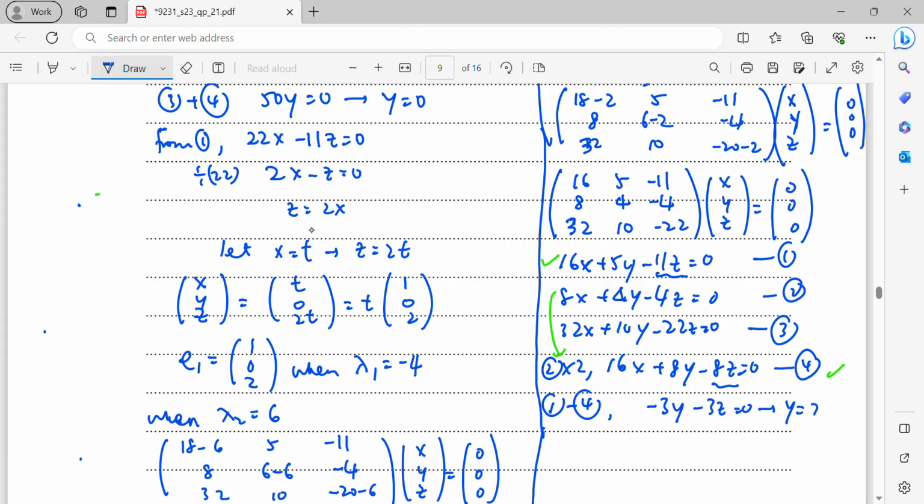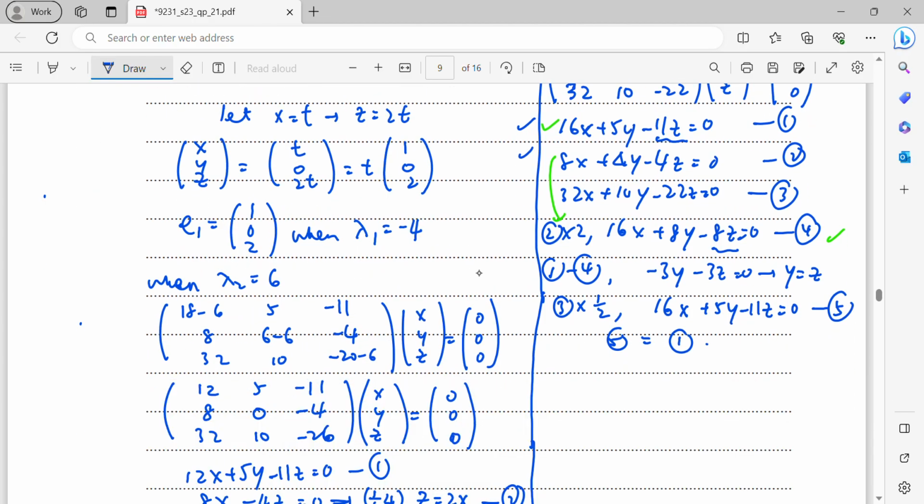Means my y is z. Now I have the third equation. Basically the third equation is same as the first equation. You see, the third equation, I times half. Then I will get 16x plus 5y minus 11z equals to 0. This is my fifth equation. But actually the fifth equation is same as the first equation. Means that basically you only have two equations here, first and second.